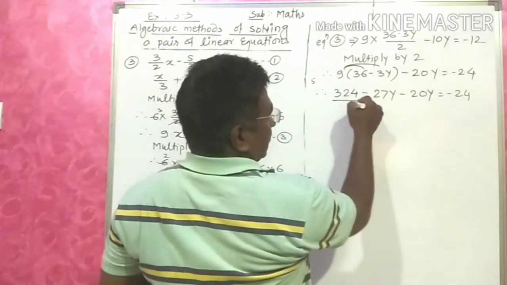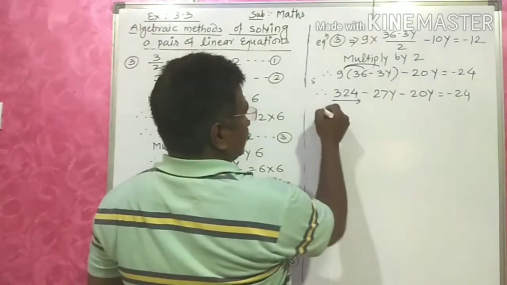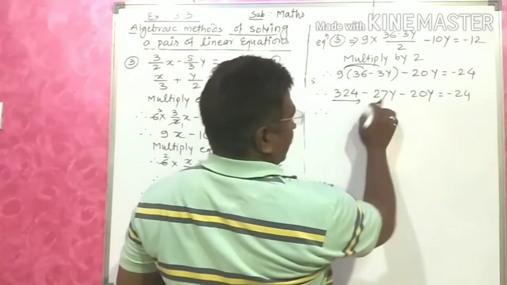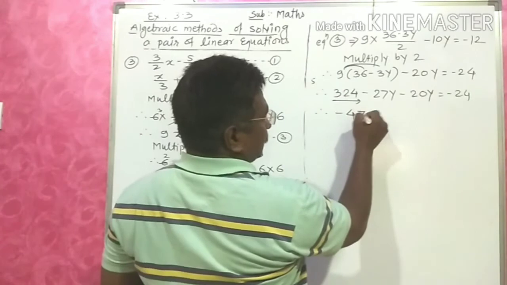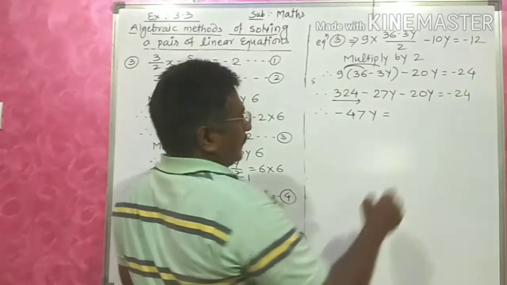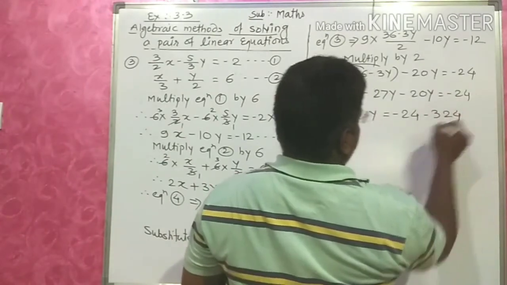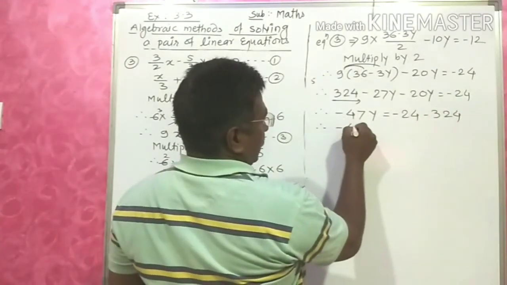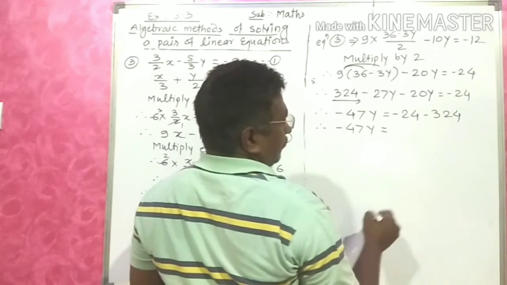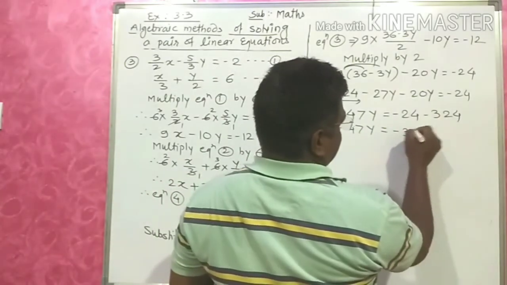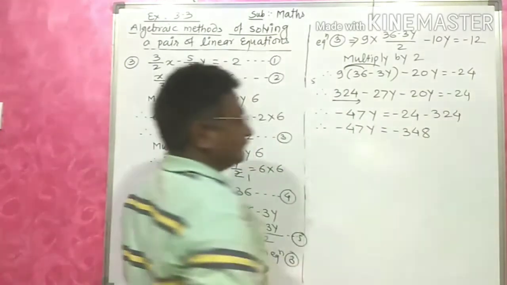Now transfer this to that side, and this y. So what will we get? Minus 47y, and here minus 24 minus 324. So minus 47y equals to minus 348.